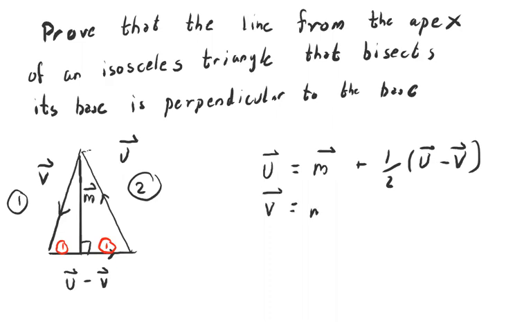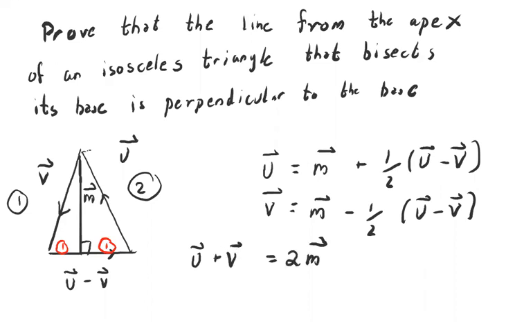V is M minus 1/2 of U minus V. So again, I can add these two expressions together. U plus V will simply be equal to 2 times M.